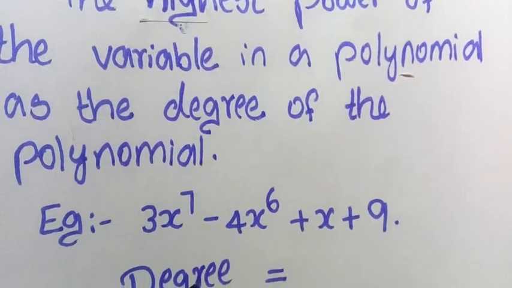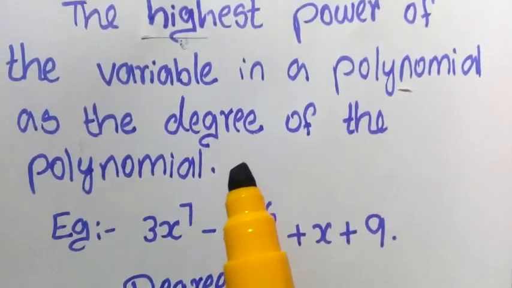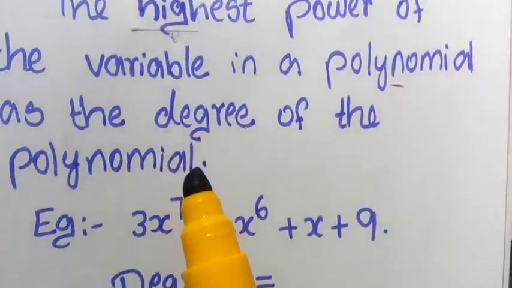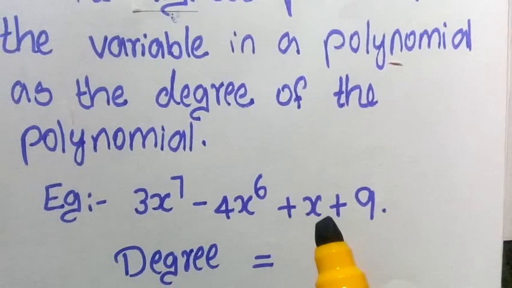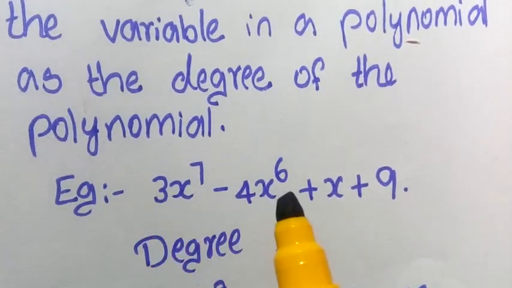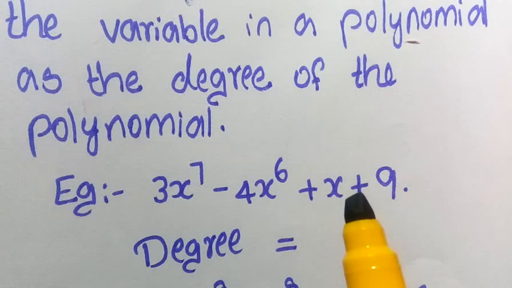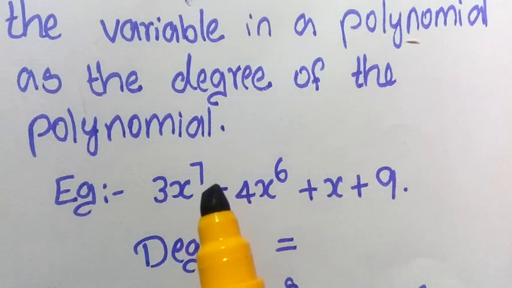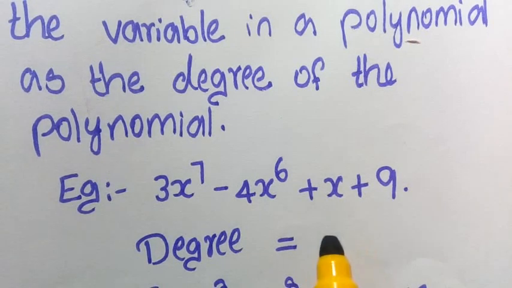So we need to find the degree of this polynomial. Already discussed, the highest power of the variable is called the degree of the polynomial. So children, which is the highest power of the variable in this polynomial? It is 7. So the degree of this polynomial is 7.